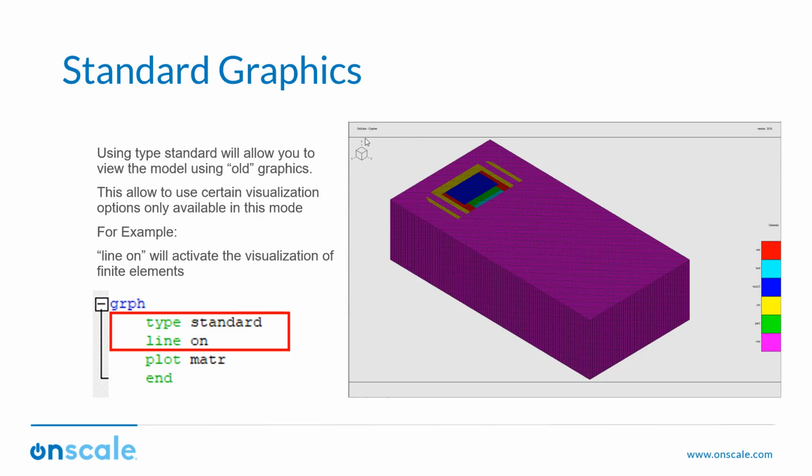But the advantage of this standard graphics is that some options which are not available in the newest one are available, like visualization of the finite elements with the line on option. Let me show you what you get by doing this.